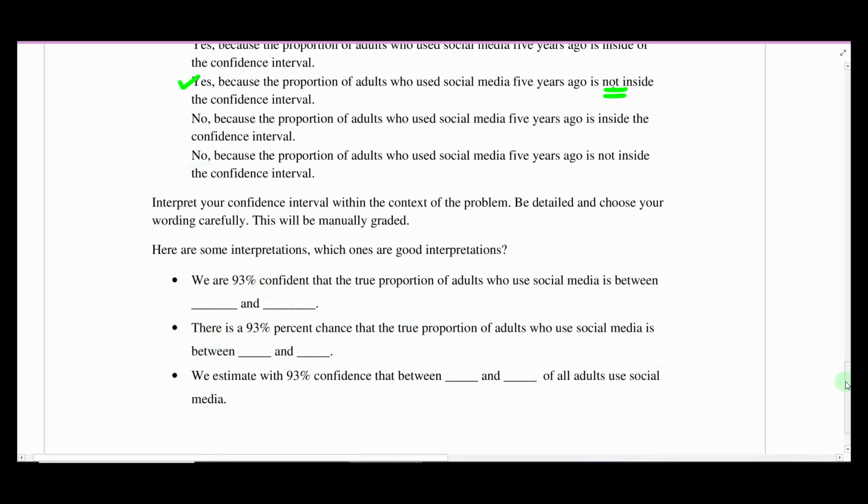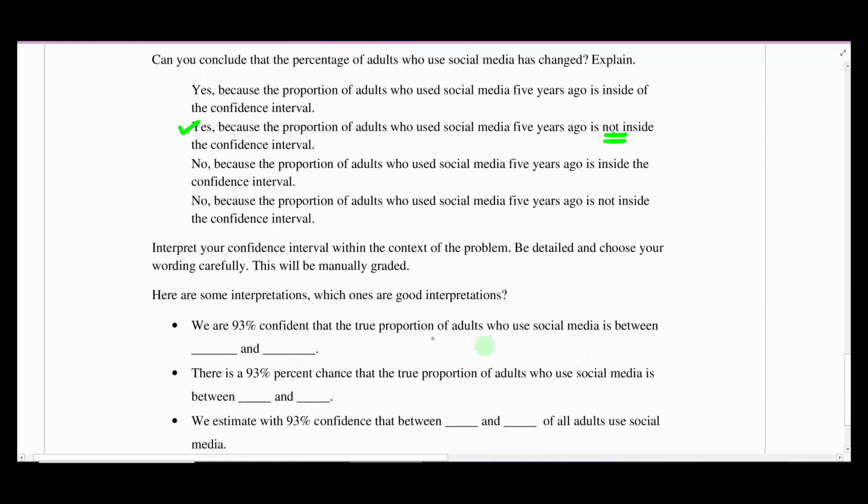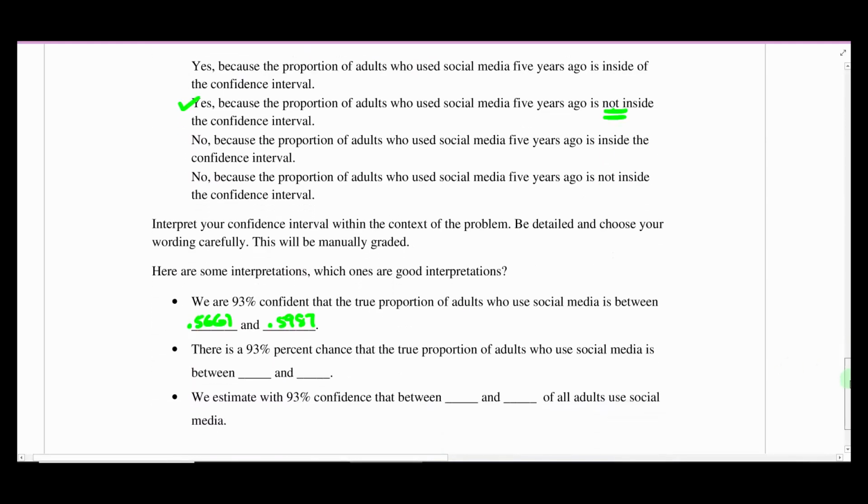Remember the two numbers we came up with: 0.5661 and 0.5987. Here's one way we could say it: we are 93% confident that the true proportion of adults who use social media is between 0.5661 and 0.5987.